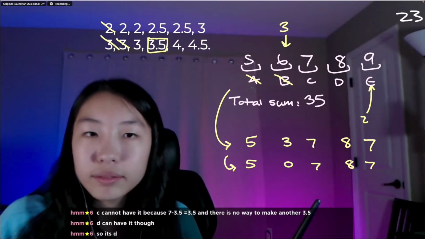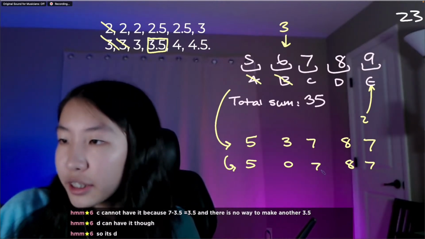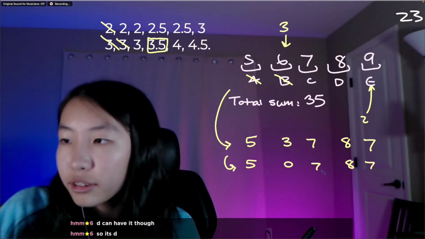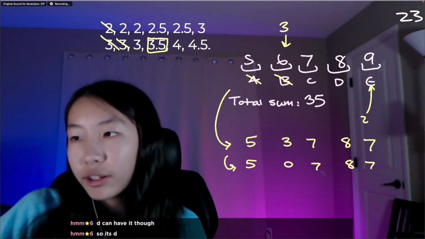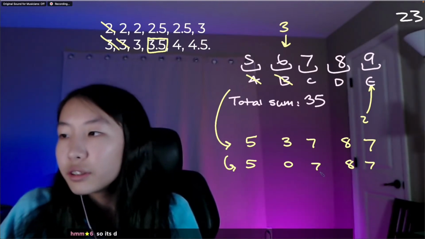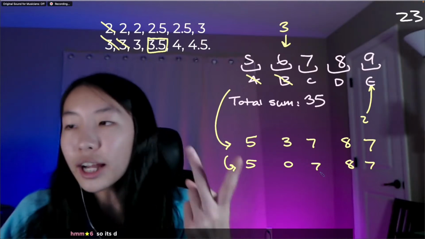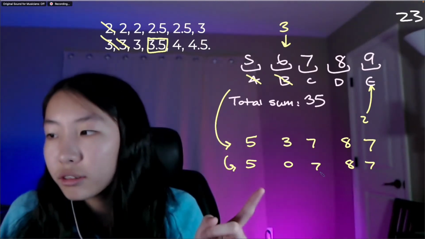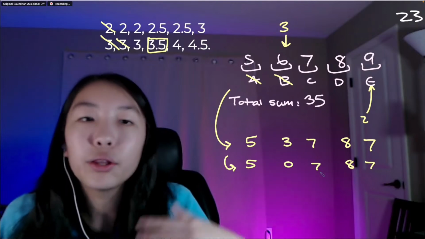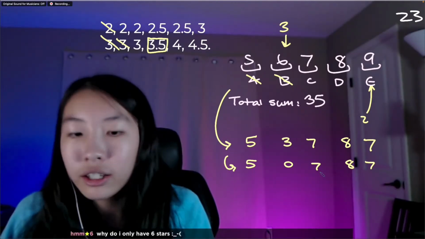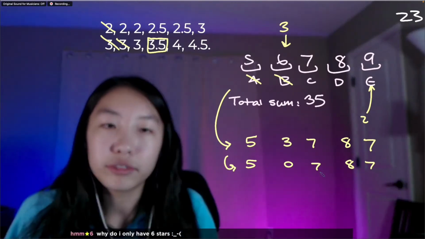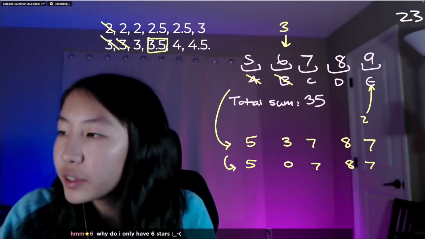How about cup C? If we subtracted 3.5, that would give us a 3.5 left, but there is no, okay, there's actually a 3.5, but we would have to get another 3.5 in addition to that, which we don't have, unfortunately. So it can't be cup C either.